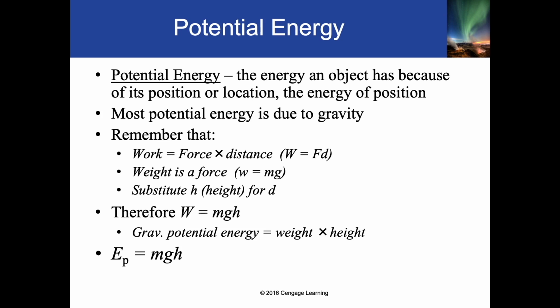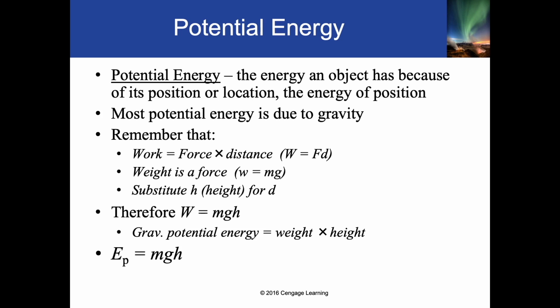Most potential energy is due to gravity, like I just said with the bowling ball. Remember that work equals the force times the distance. We've seen that many times, so W equals FD. Of course, the weight is a force, and the weight equals, on Earth especially, the mass times the gravity.